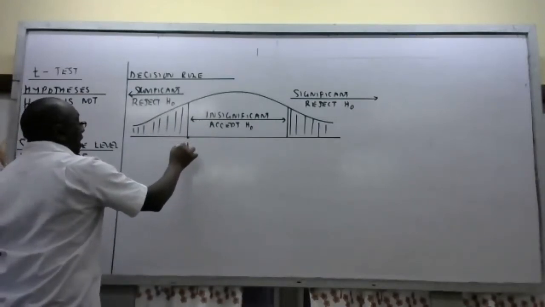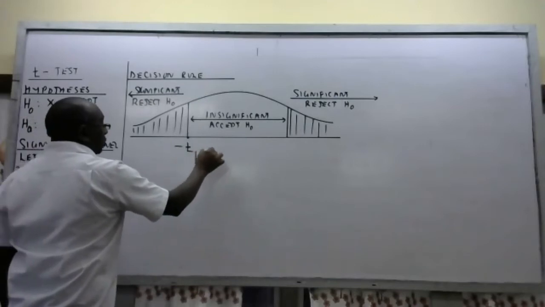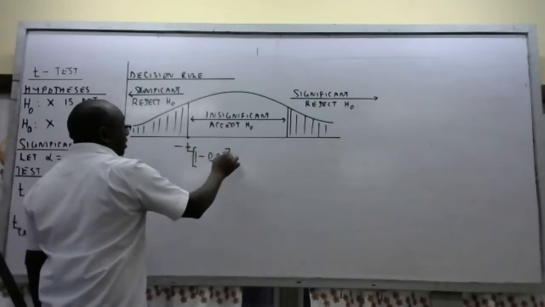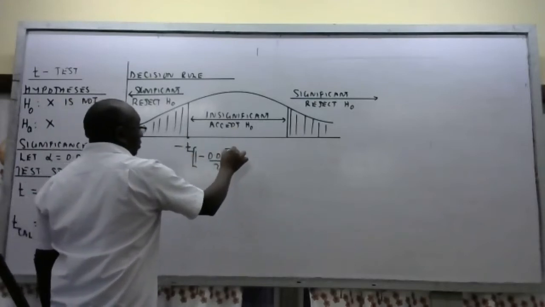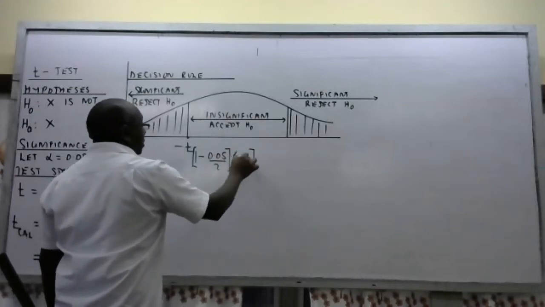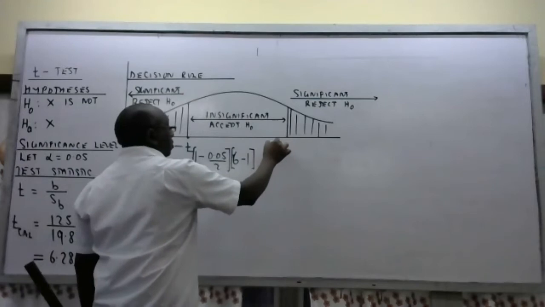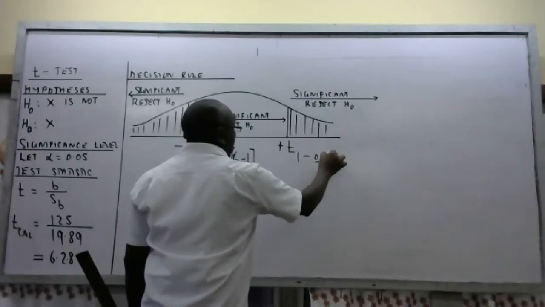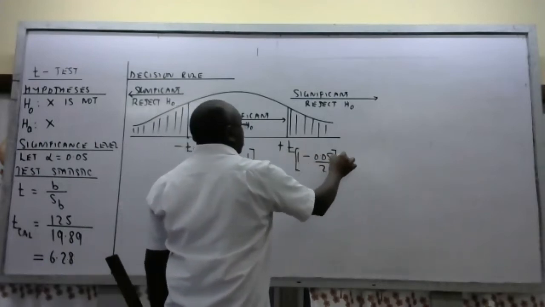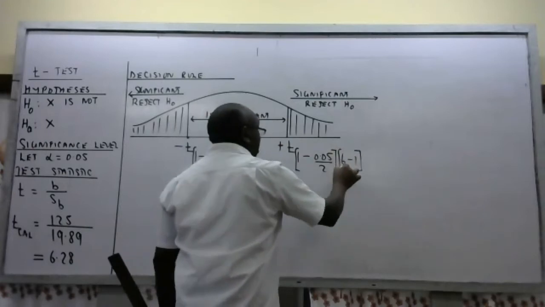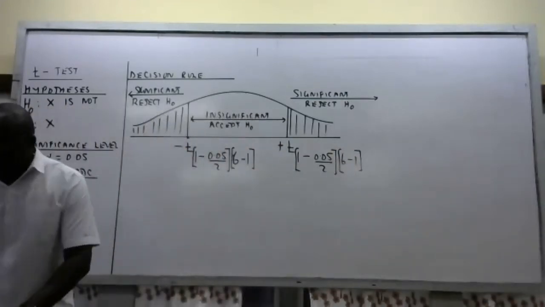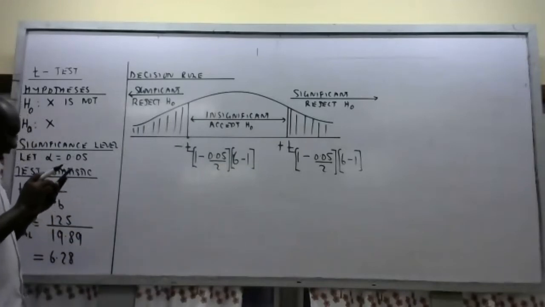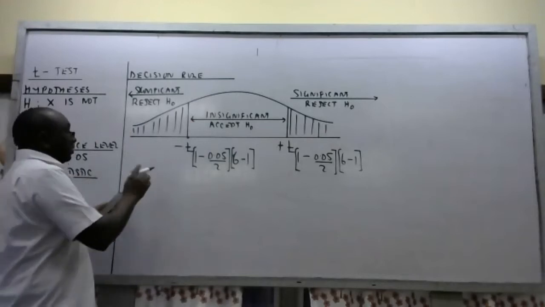Whereby this will be minus T at 1 minus 0.05 out of 2, and the degrees of freedom will be 6 minus 1. And this is plus T at 1 minus 0.05 out of 2, 6 minus 1. This is the value we have just read in the other working, 2.5706.